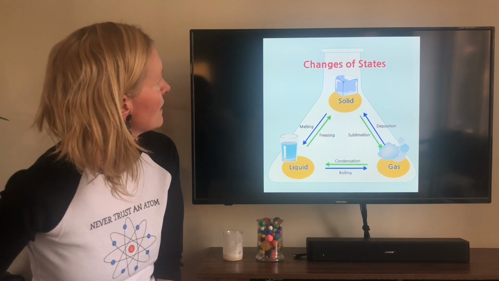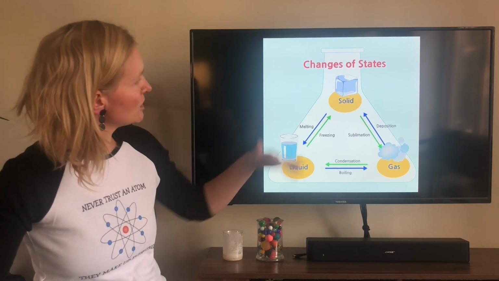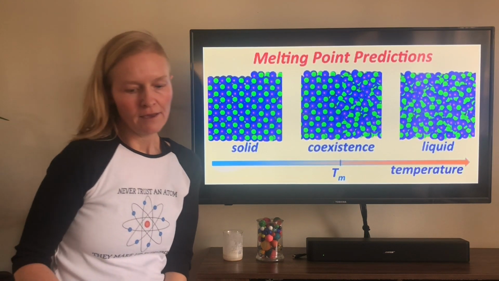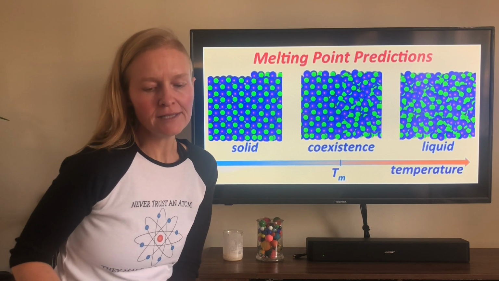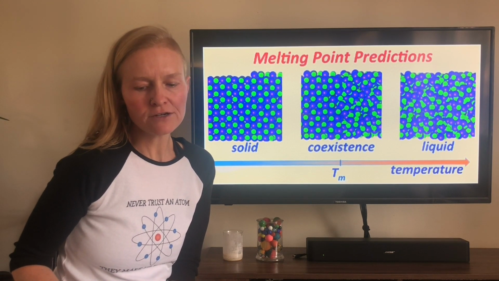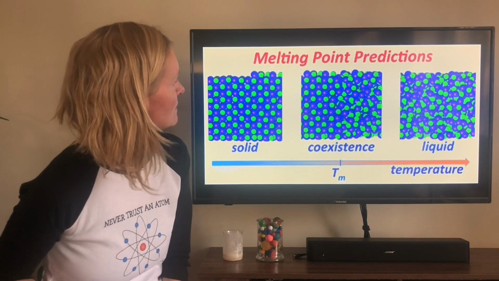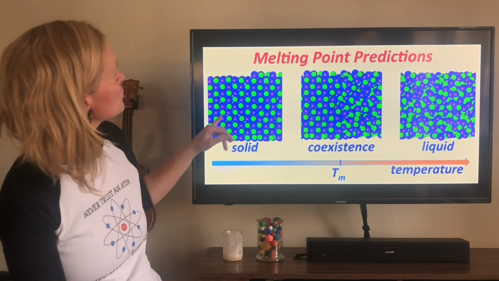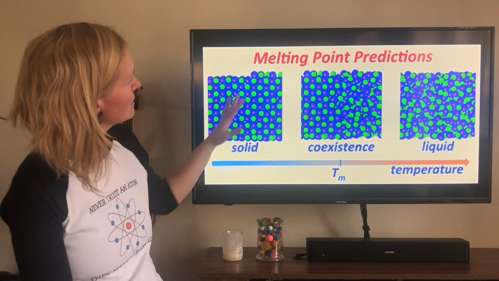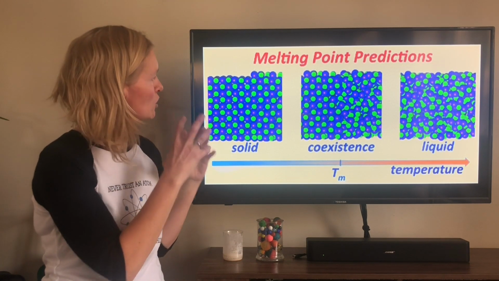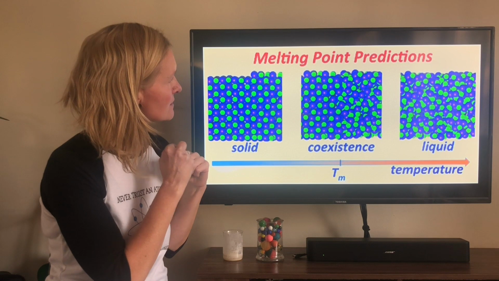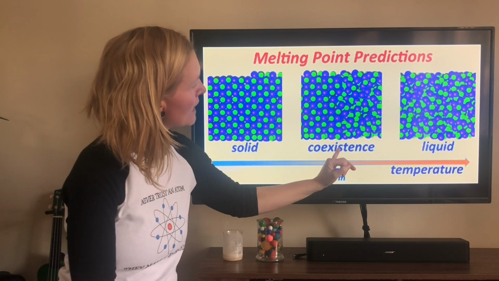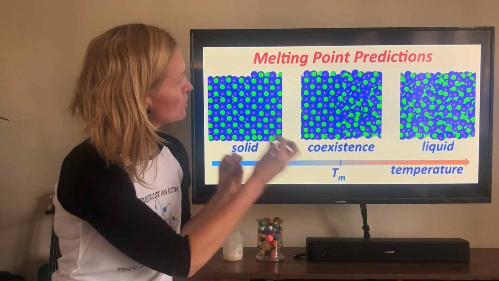Here we have another slide just showing the different changes of states. And here we show that a liquid can increase energy enough to become, this one is the melting point prediction. So it shows how a solid, you have all those molecules and atoms tightly packed together. And as the temperature increases, you get to a point where you have what's called coexistence.